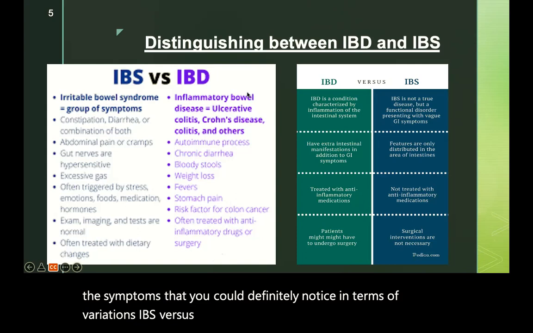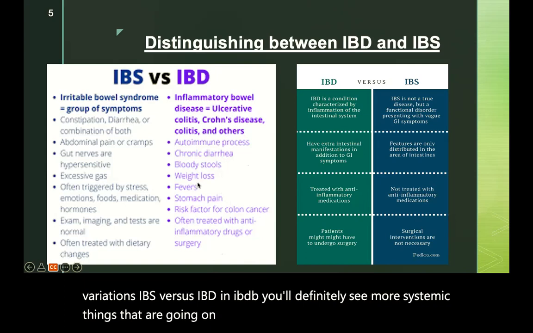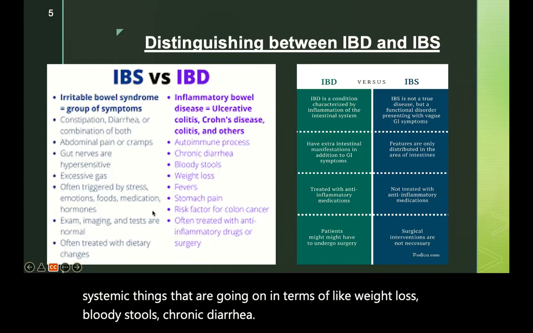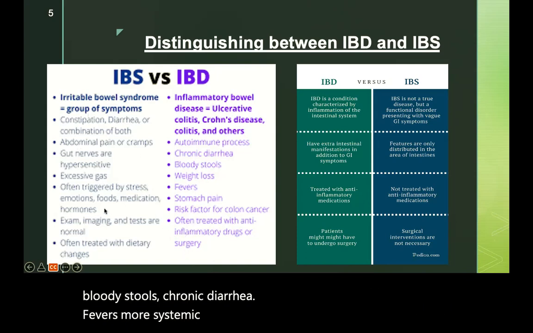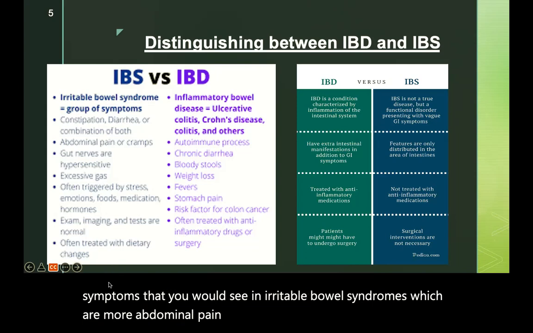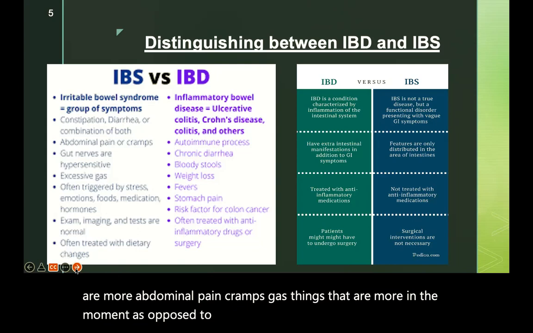In IBD, you'll definitely see more systemic things going on, like weight loss, bloody stools, chronic diarrhea, fevers, more systemic symptoms, versus these more acute symptoms that you would see in irritable bowel syndrome, which are more abdominal pain, cramps, gas, things that are more in the moment as opposed to long term chronic issues.